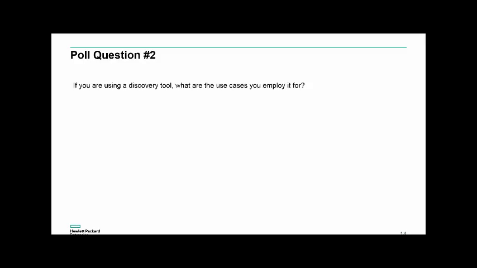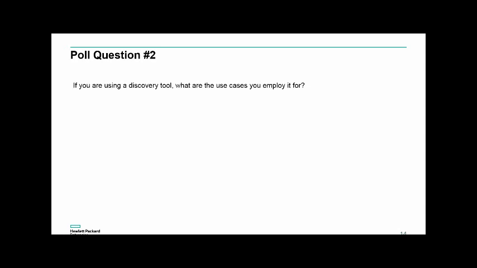The top score at 63% is ITSM and change/incident management. The second most popular, 48%, cloud or data center discovery. In third place is software license optimization at 40%. The final choice, not applicable, is 21% and 10% for security operations.